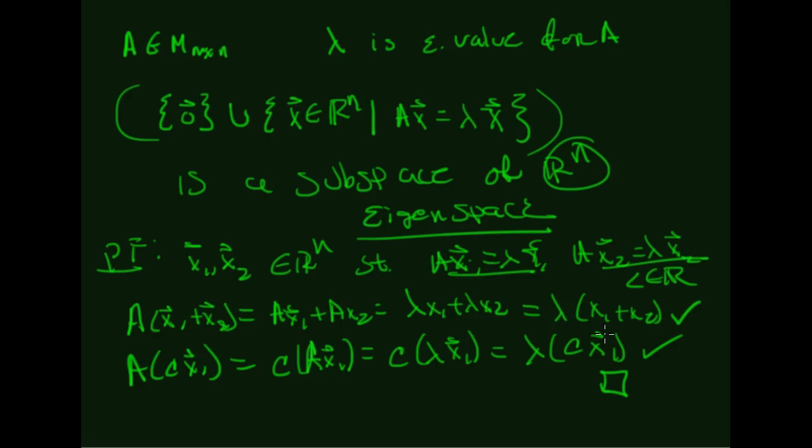All right, so the next game here is how do I find eigenvectors and eigenvalues? To find eigenvectors and eigenvalues, we have to find things that solve this equation: Ax is equal to lambda x. So what we do here is we bring everything to one side.